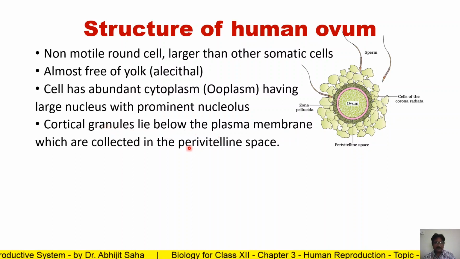They are collected in the perivitelline space to prevent multiple sperms entering into the ovum. So after a sperm enters, the cortical reaction occurs, and these cortical granules are accumulated in the perivitelline space so that the second sperm cannot enter into the ovum.